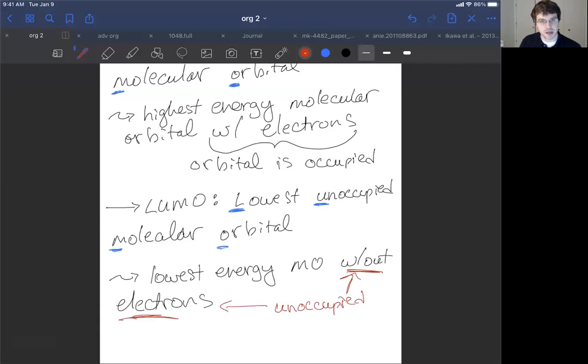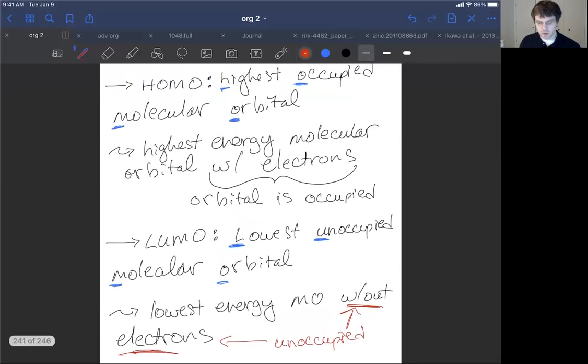According to frontier molecular orbital theory, reactions occur when the frontier orbitals of two reactants interact. Specifically, when the HOMO of one reactant interacts with the LUMO of another reactant. So if reactant A has a HOMO and reactant B has a LUMO, these interact, giving rise to the products.